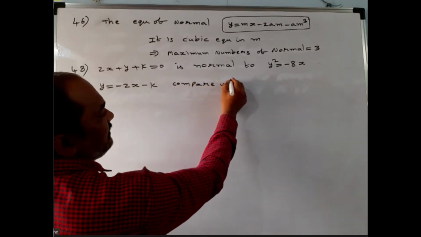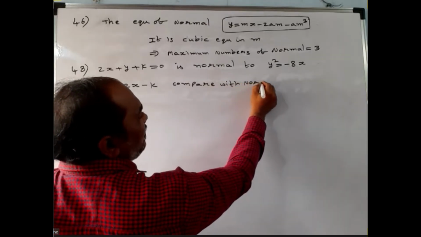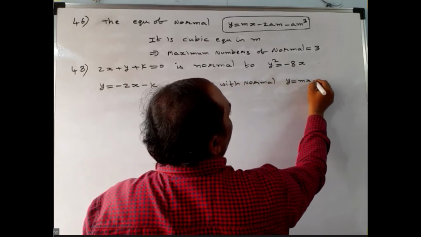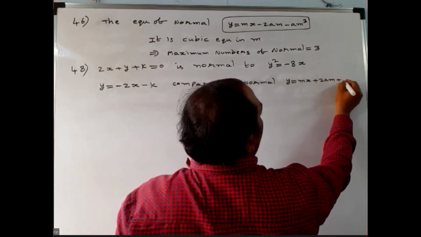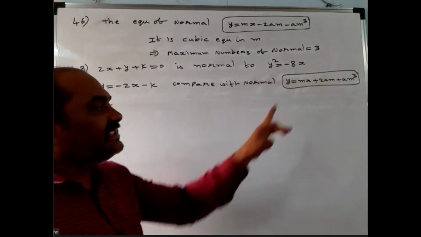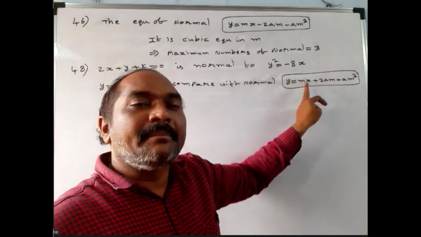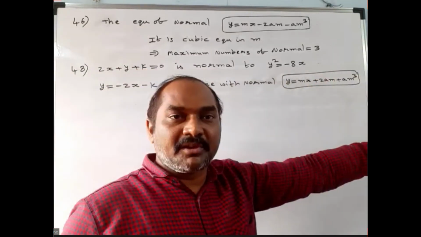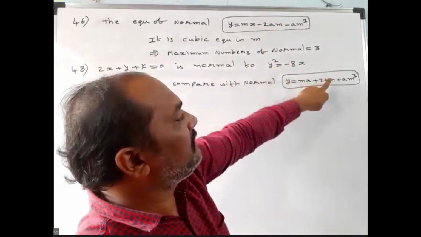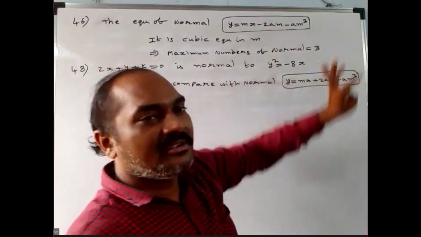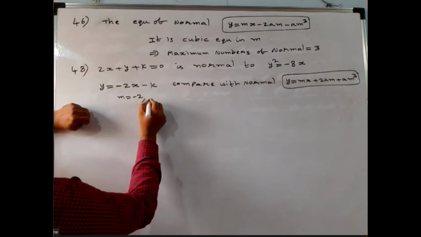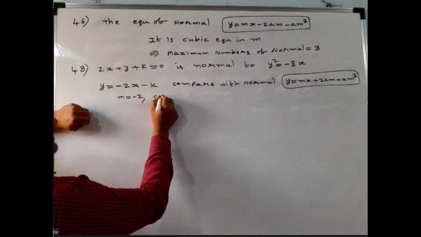Compare with the normal equation: y is equal to mx plus 2am plus am cube. Actually the formula is y is equal to mx minus 2am minus am cube, but here the parabola is a left parabola, so minus a becomes plus a, and it becomes these two terms. So m is equal to minus 2, c is equal to minus k.